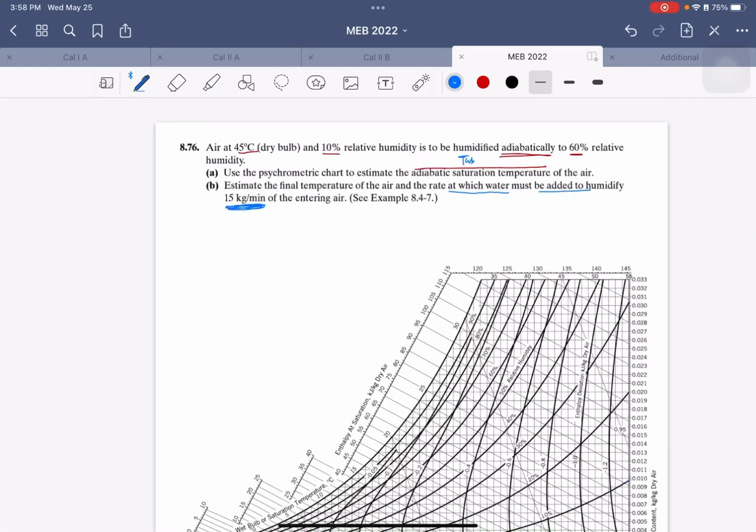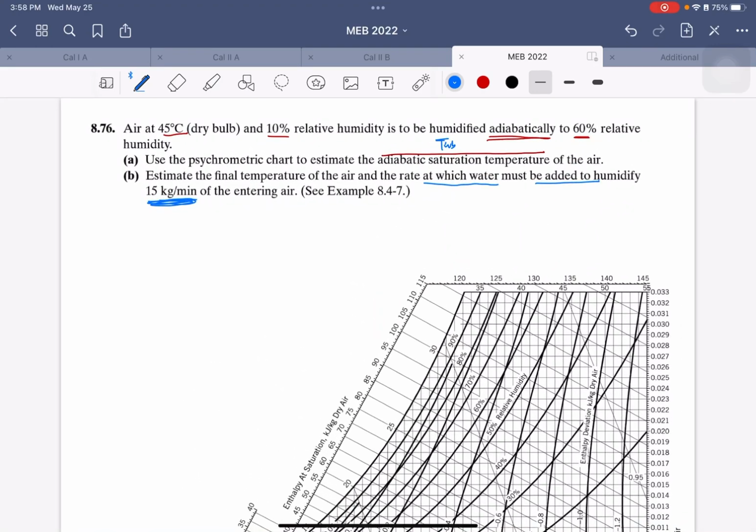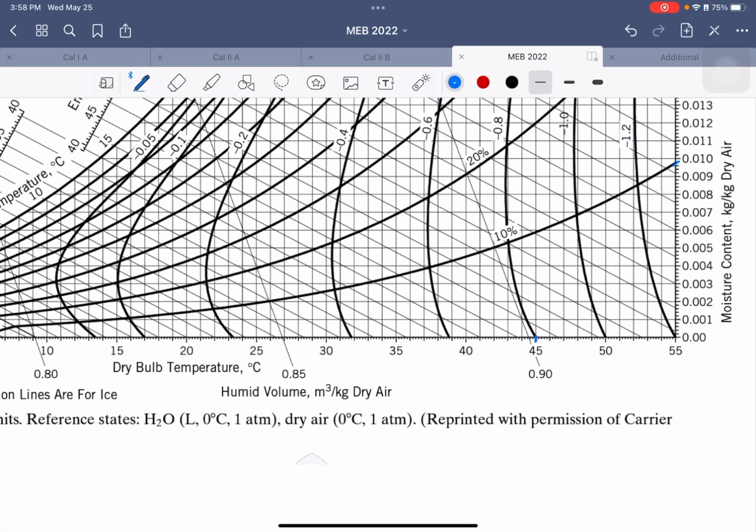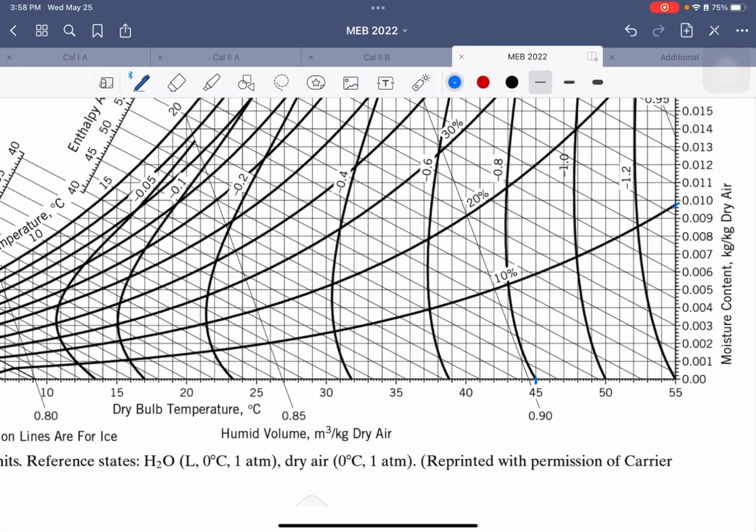Okay, now by looking at the given information, we start from 45 and 10% humidity. So for 45, this is 45 and 10% humidity is here. So maybe you could take this line and take another line here.